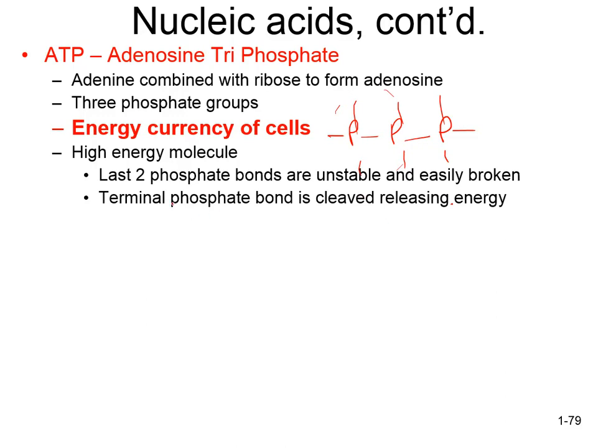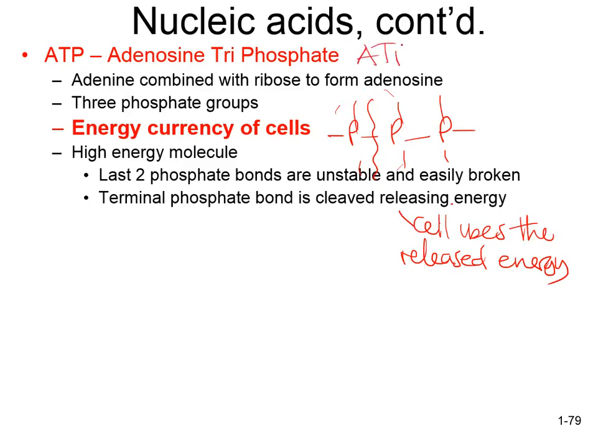So here, say the terminal phosphate, this one. The terminal phosphate bond is cleaved, it is cut. As it does that, it releases energy, and the cell uses the energy released from the cleavage. So really, the nucleus is provided energy by the ATP.